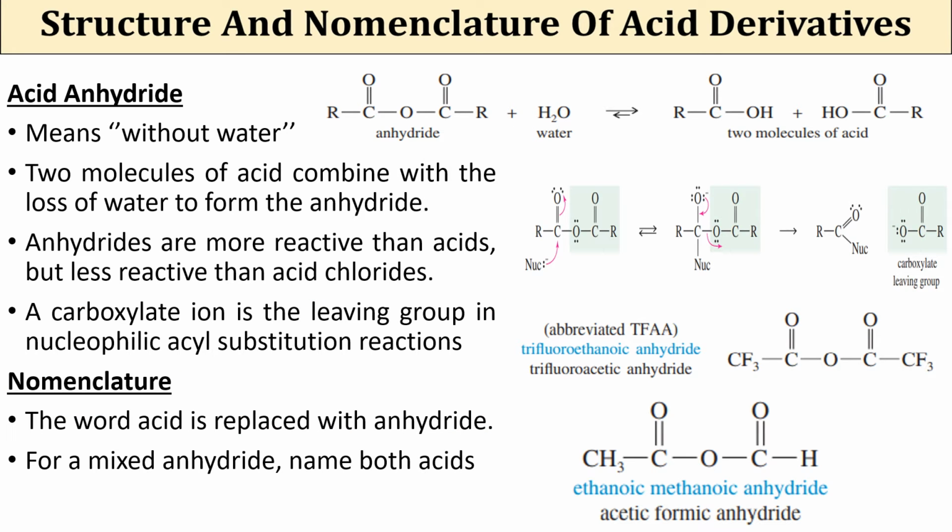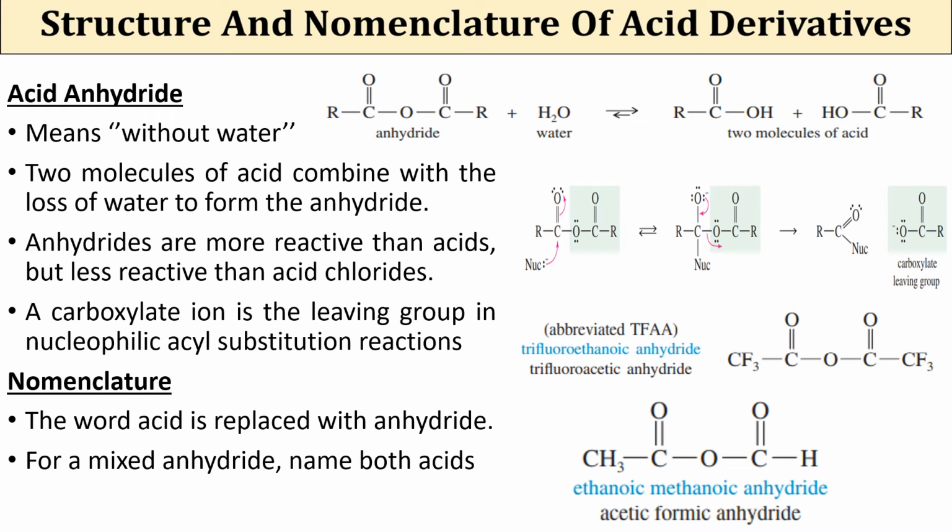Acid anhydrides. The word anhydride means without water. An acid anhydride contains two molecules of an acid with the loss of a molecule of water. Addition of water to an anhydride regenerates two molecules of carboxylic acid. Anhydrides are more reactive than acids but less reactive than acid chlorides.